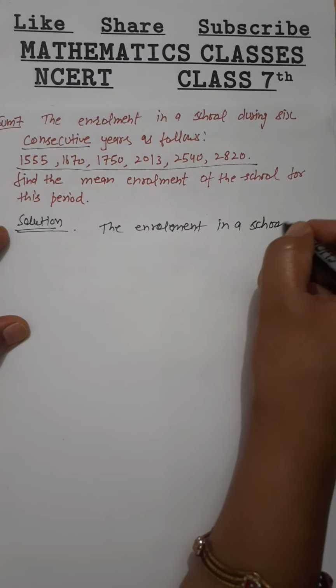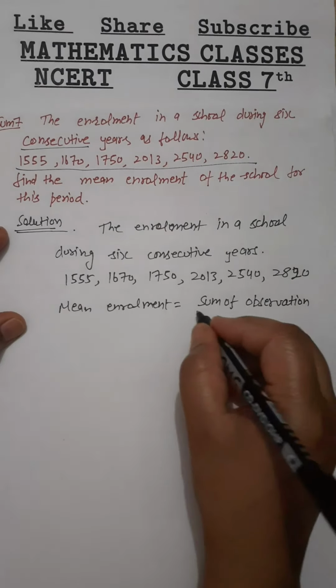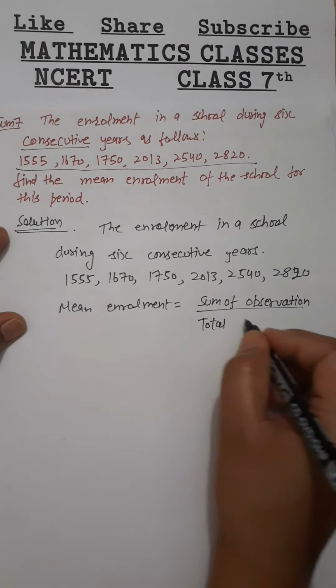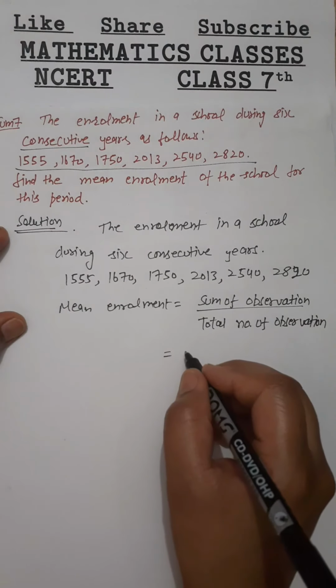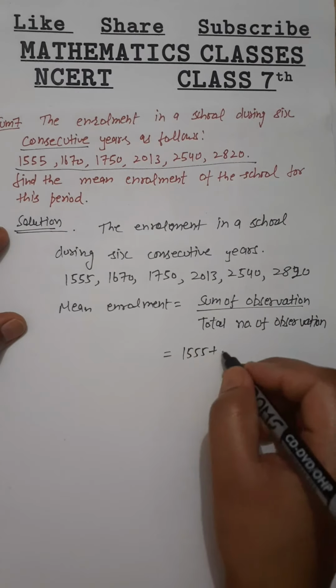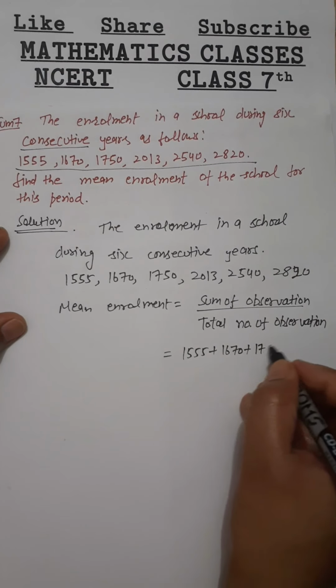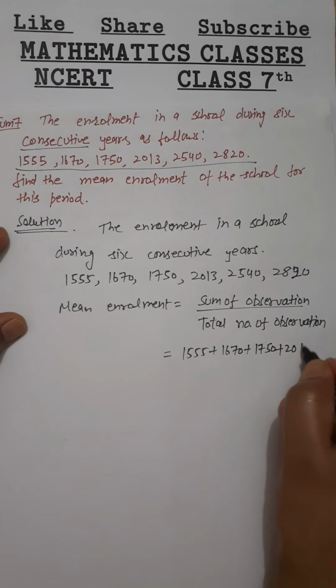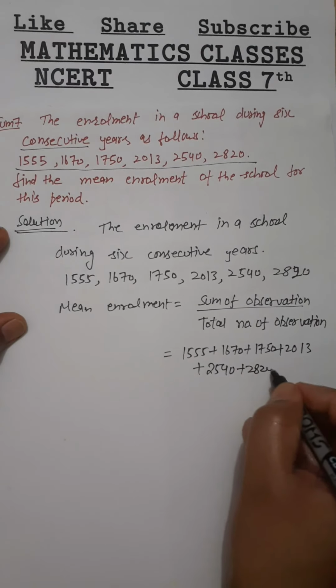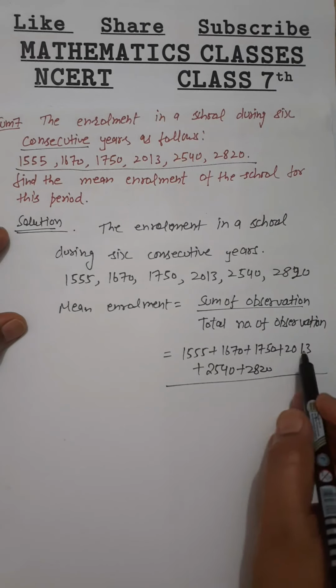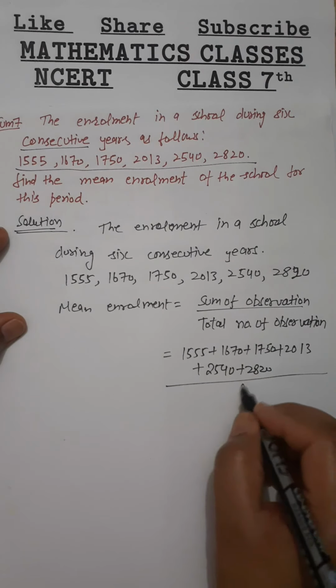Formula: sum of observations by total number of observations. Sum of observations, you will add all these and show. By 1, 2, 3, 4, 5, 6.